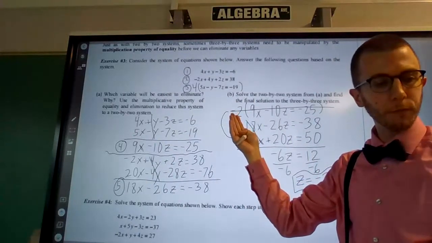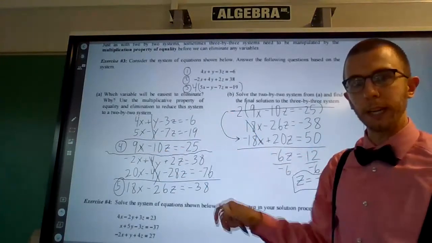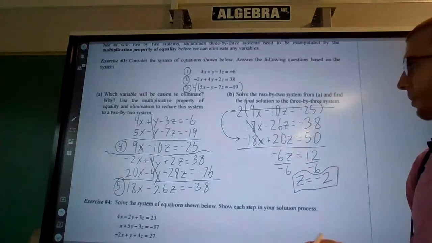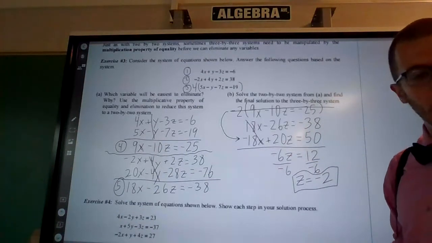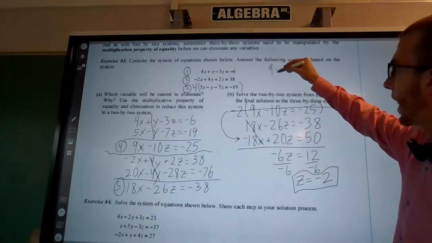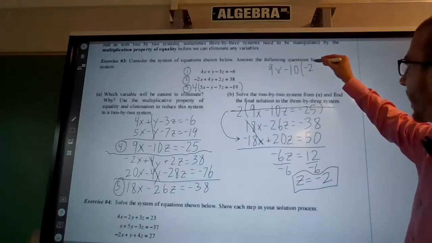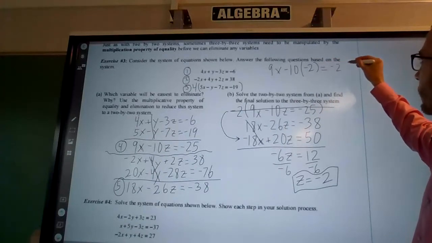All right? So I'm going to take my equation number 4 here: 9x minus 10z equals negative 25. Let's see, I'm going to do this up here so I have room. 9x minus 10z, where I know z is negative 2, equals negative 25.